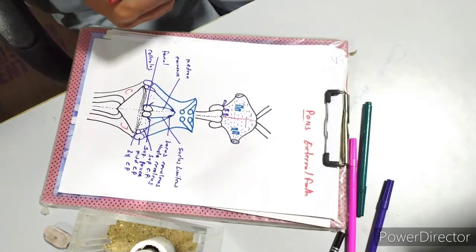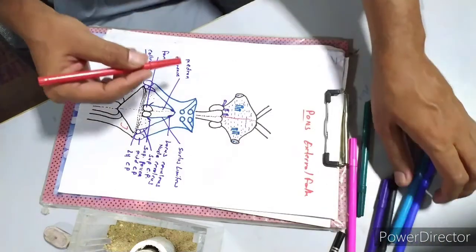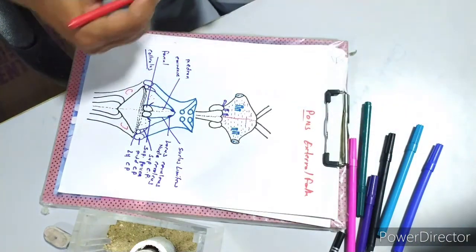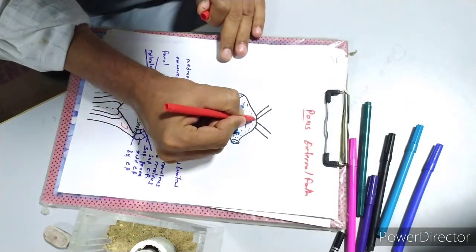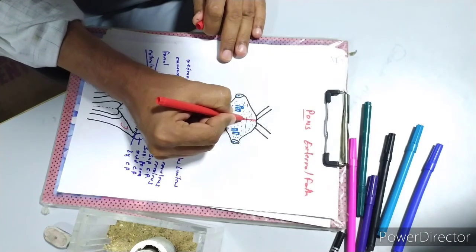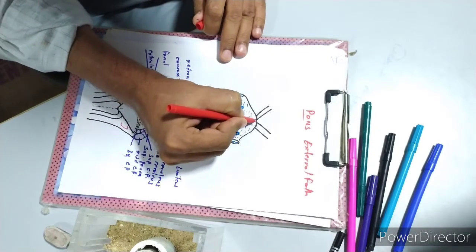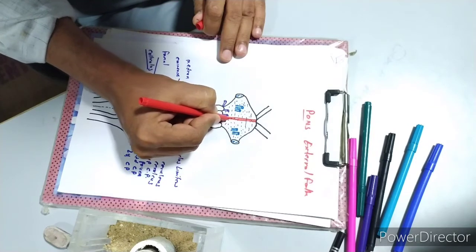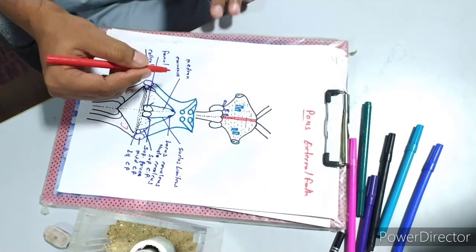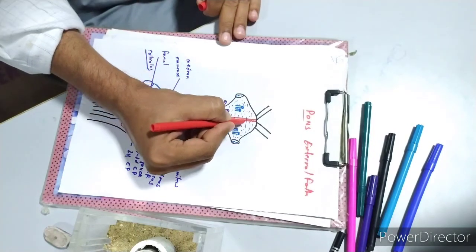Now, what is the blood supply of the pons? The whole of the pons is supplied by different arteries. In the midline is the basilar artery, which is found in the basilar sulcus, and this basilar artery gives rise to the paramedian branches.